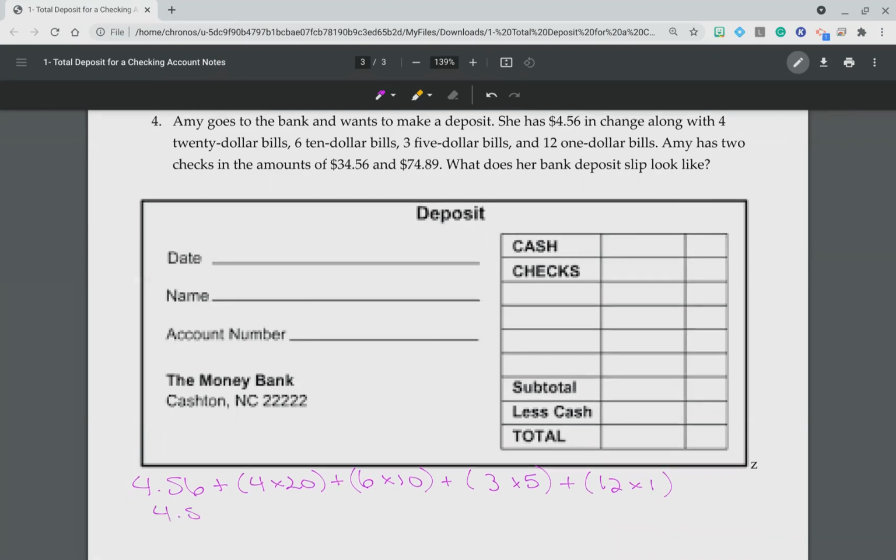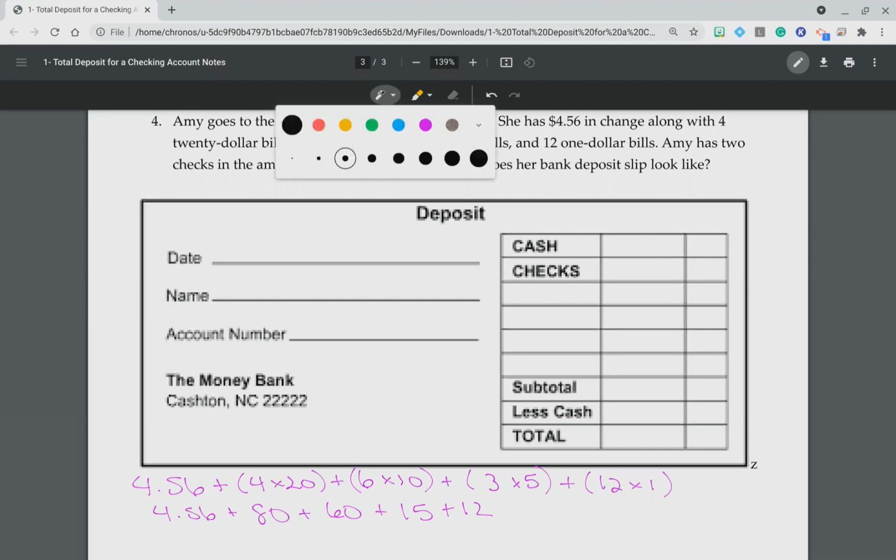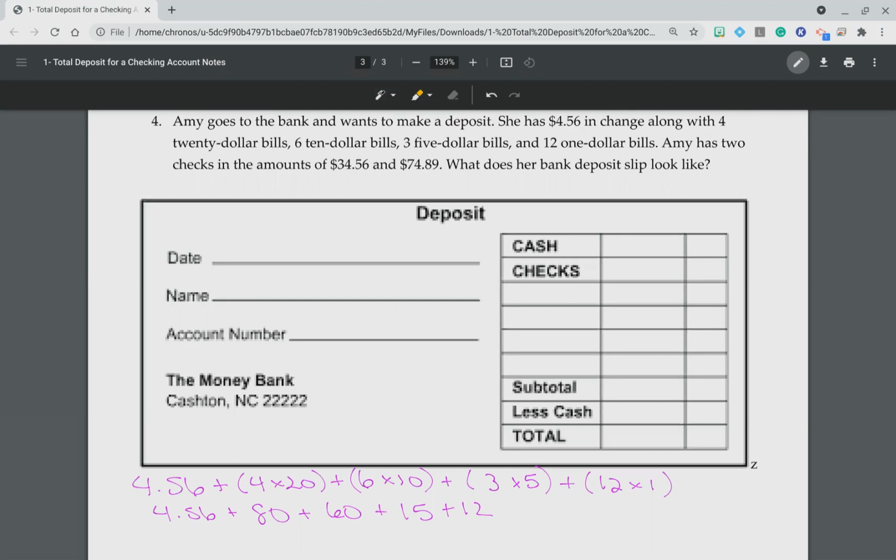So that's going to be $4.56 plus 80 plus 60 plus 15 plus 12. So if I add all of those up in my calculator, I'm going to get $171.56. Actually, I should use a black pen because that would probably be what you would have to use on a real deposit slip.